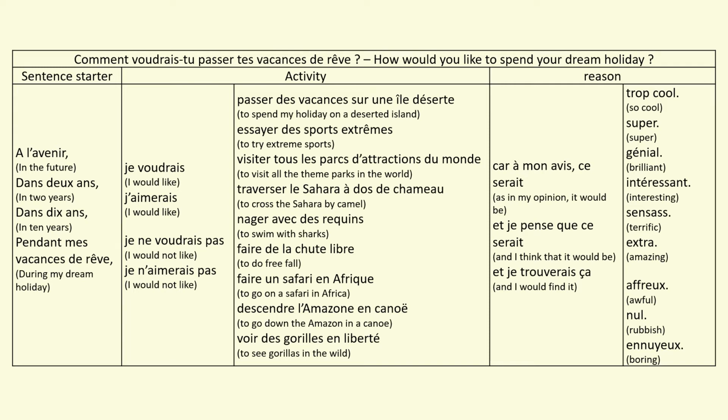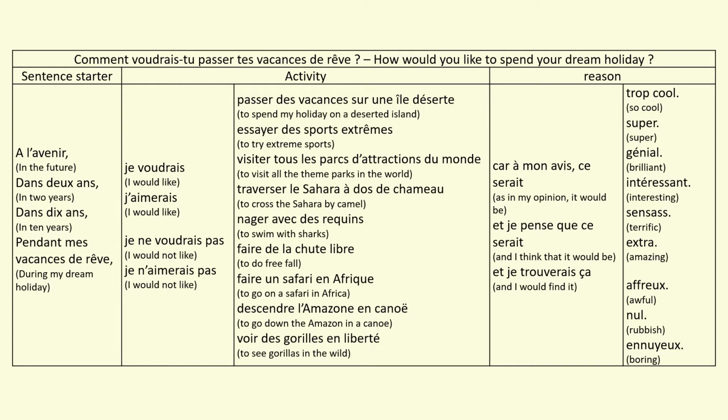As you wrote in your exercise book, today we are doing adventurous holidays or dream holidays. The first column, you have the sentence starter, which is a time phrase. Now, some of them should look very familiar, particularly the first 3, because we saw them in the last unit.